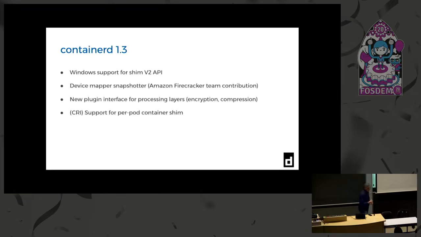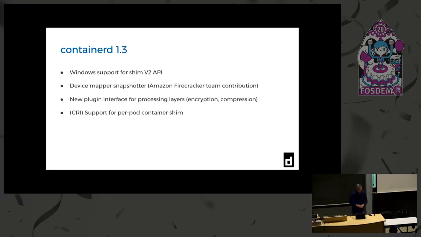Our most recent release, Containerd 1.3, added Windows support for the Shim v2 API. Amazon, the Firecracker team, contributed a device mapper Snapshotter, which again was external. We've actually accepted that into the project. And then a new plugin interface for things like image encryption or special compression modes, so that you don't have to modify Containerd code to use these capabilities.